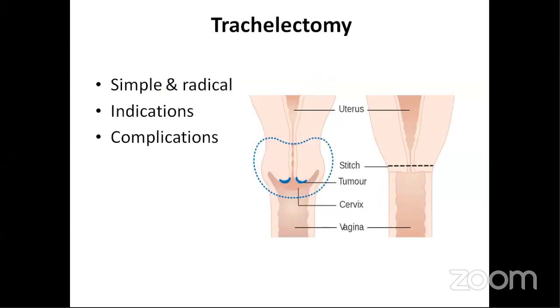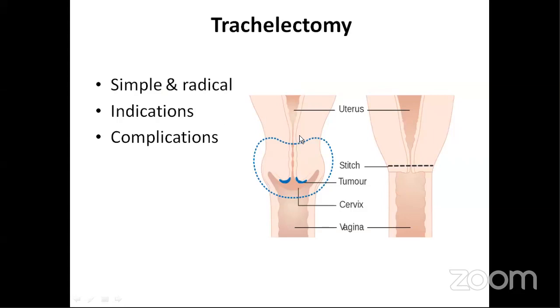Next, this is trachelectomy. Trachelectomy means what you can see in this picture. The cervix is surgically excised, and the uterus is attached or sutured to the leftover vaginal part. Okay, so that is trachelectomy. We have simple and radical types. Simple is when only this procedure is done.